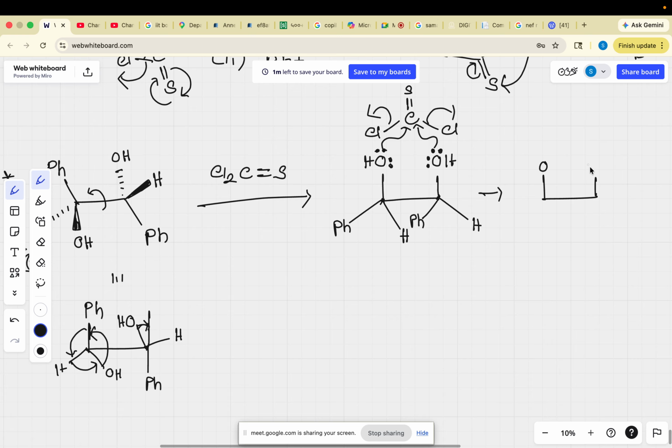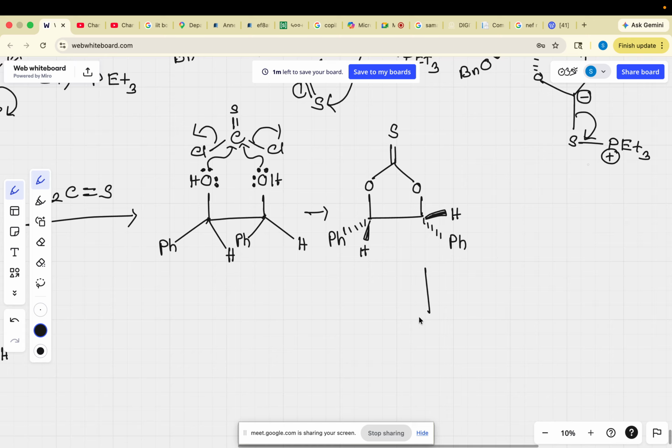Here I have oxygen, here also I have oxygen. Here what I have? Carbon double bond sulfur. Now see, phenyl is present on the left hand side, so I am showing directly that phenyl is below the plane. And here also phenyl will be below the plane. I am not showing hydrogen. Hydrogen will automatically be above the plane.